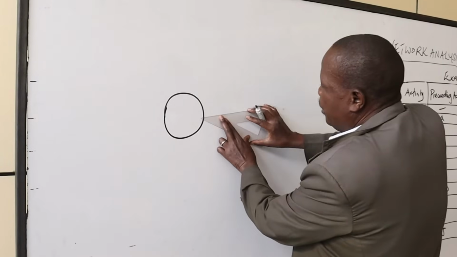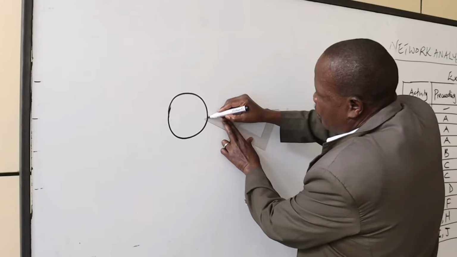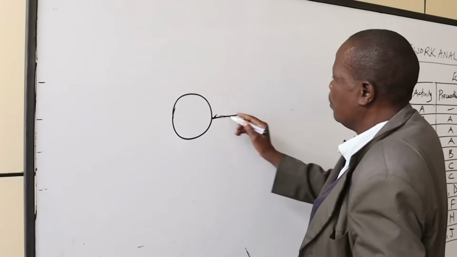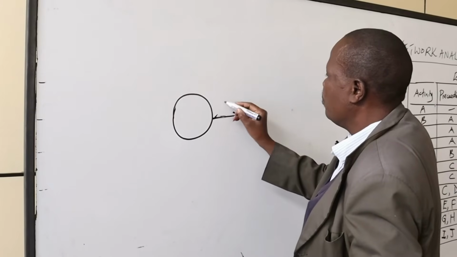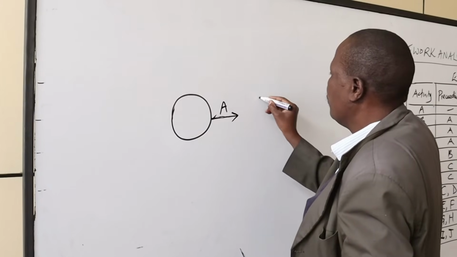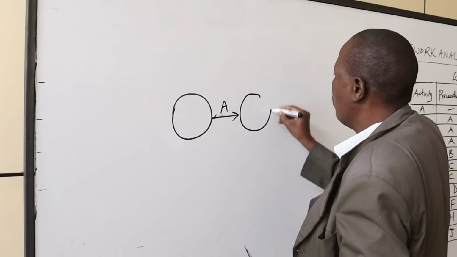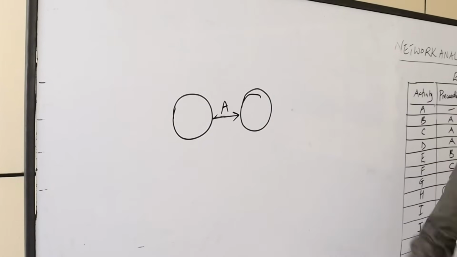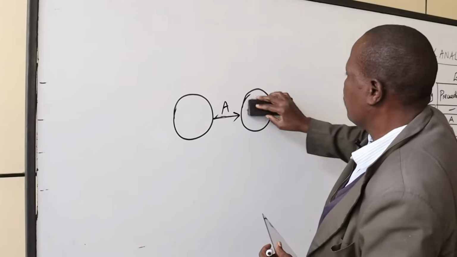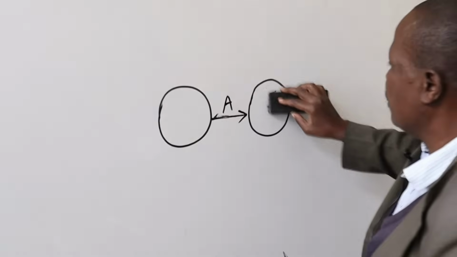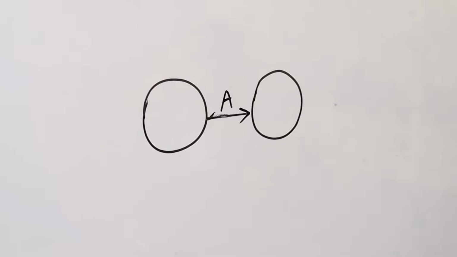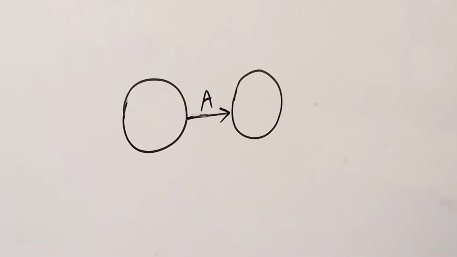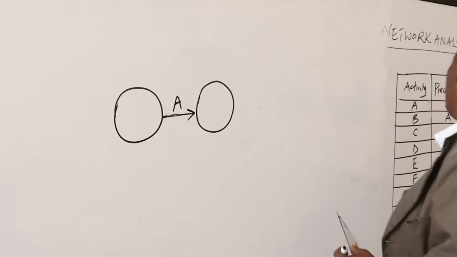There must be one entry point, as we had said. That is A. Then this node indicates that A is being completed, and there are other activities which are following A.